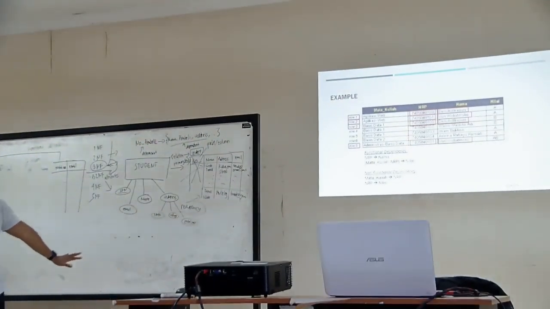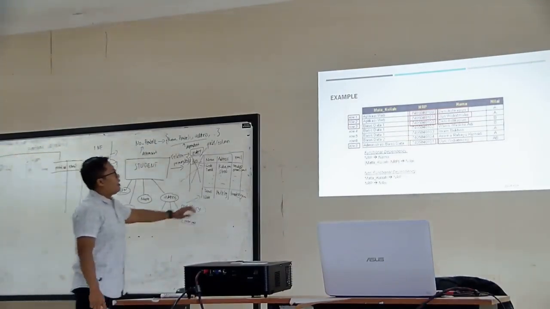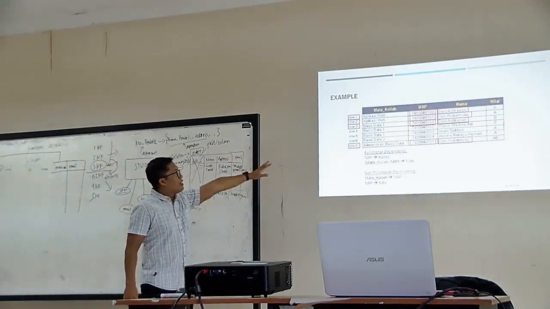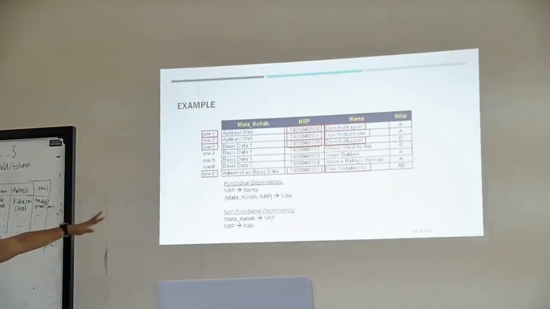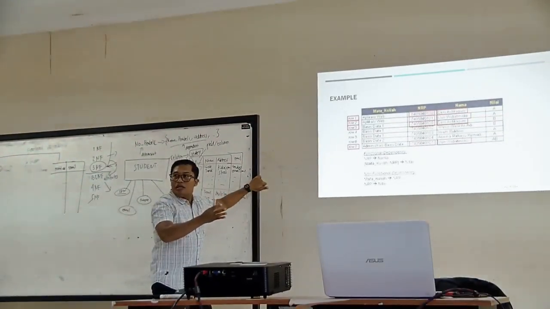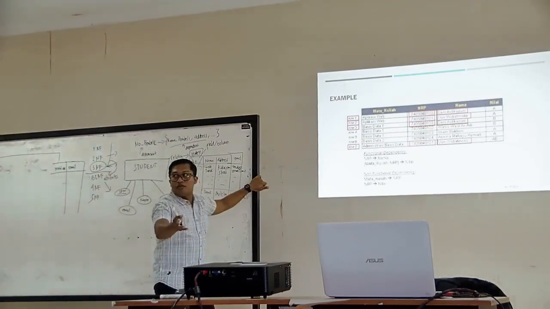Okay, it's in bahasa. We have courses or mata kuliah, and then we have identification number or NRP, and then we have name and grades. So we need to do some analysis based on the relation. We need to find which attribute affects another attribute.